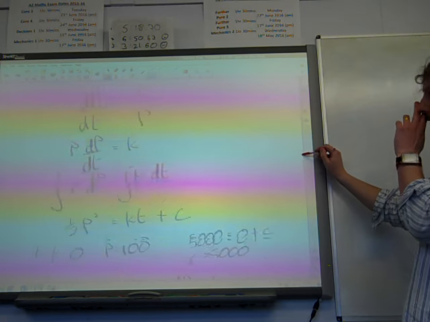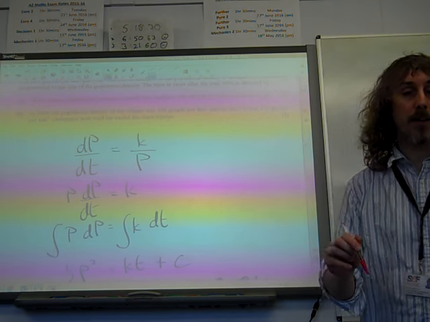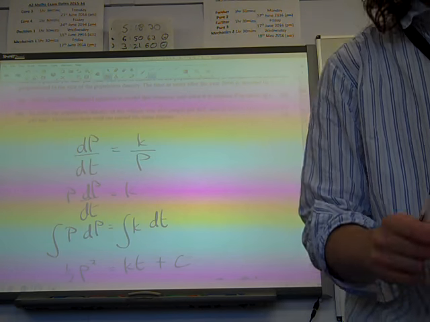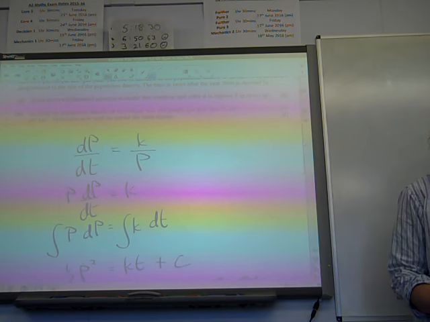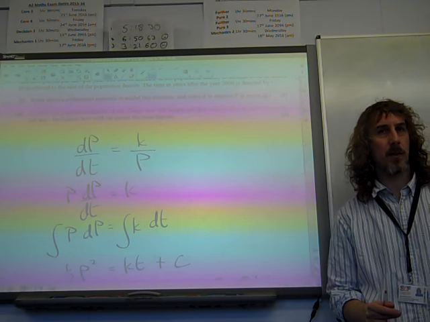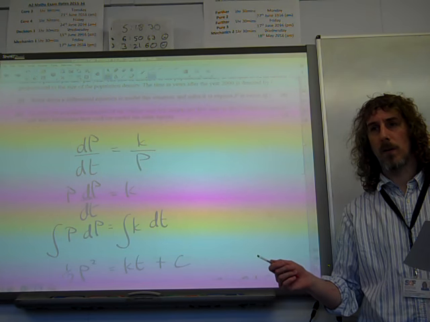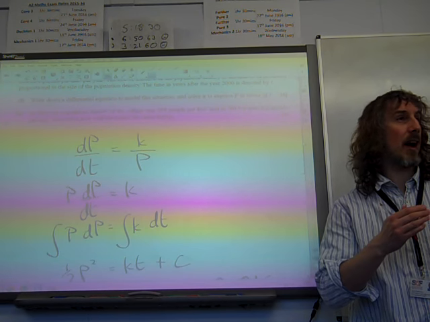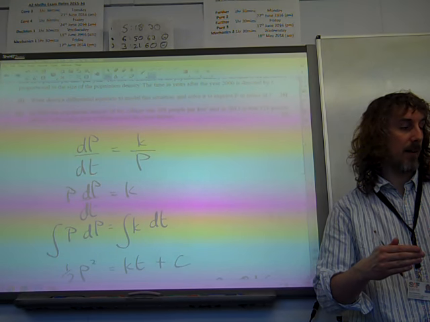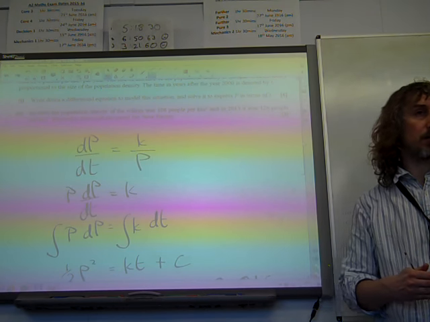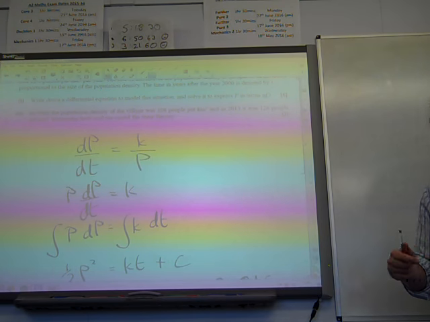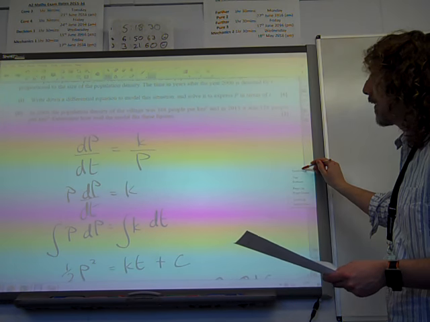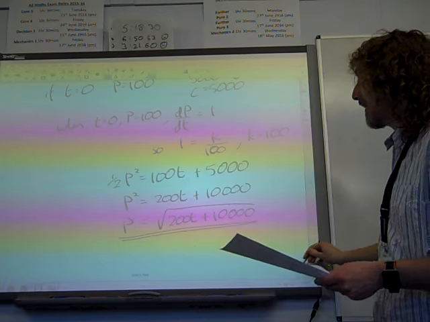Then it said, now this was a slightly odd bit, and again this was a little bit unfair. The mark scheme for this didn't offer any marks if you got that first bit wrong. So you had to have the right answer to part 1 in order to get anything out of part 2. If you subbed in these values, so it was 108 in 2008, so that's when t is 8.